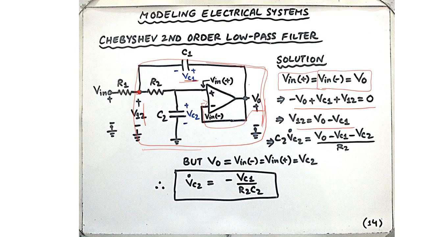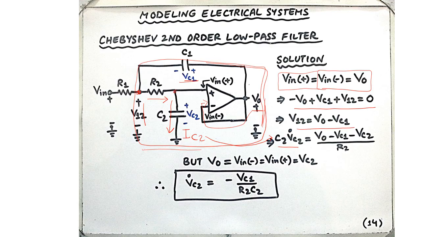Then the other equation is Kirchhoff's current law. So C2 times Vc2 dot is the current through this branch, that is the current through capacitor C2. This equals the current passing through this resistance.